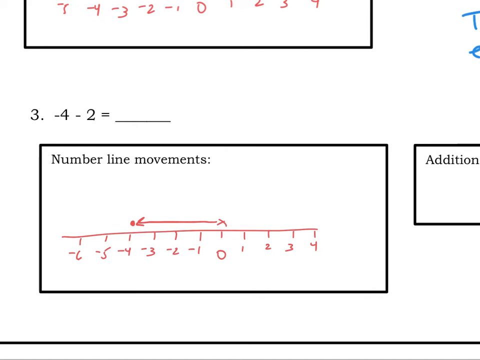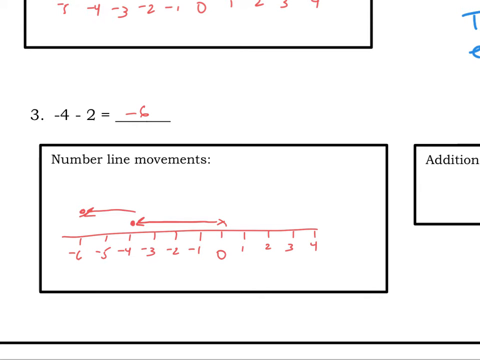And I think of my movement. Remember, if I was adding positive 2, I'd go to the right. Instead, because I'm subtracting positive 2, I'm going to go to the left. So I go to the left 2 more, and I end up at negative 6. So negative 4 minus 2 is negative 6.